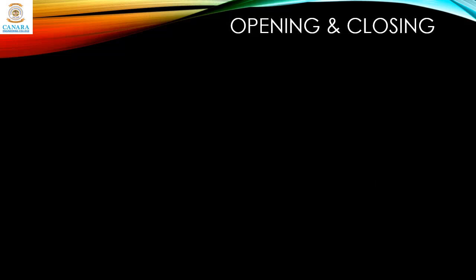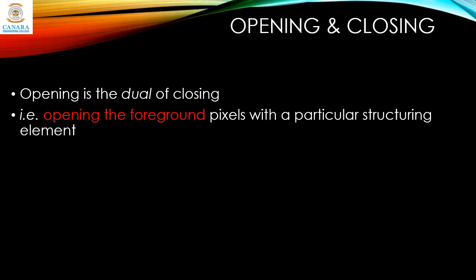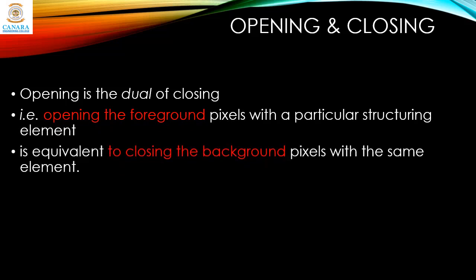Opening and closing are dual to each other, similar to the relationship between dilation and erosion. That means opening the foreground pixels with a particular structuring element is equivalent to closing the background pixels with the same element. That we should remember.